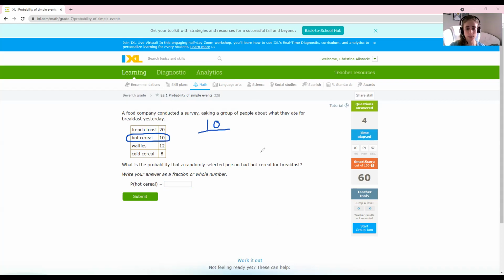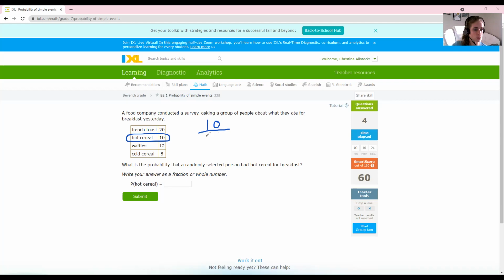Now, my denominator is the total number of people surveyed. We need to add all of our people up. So we have 20 people who ordered French toast, plus 10 people who ordered hot cereal, plus 12 people who ordered waffles, plus 8 who ordered cold cereal. That gives us a total of 50 people.